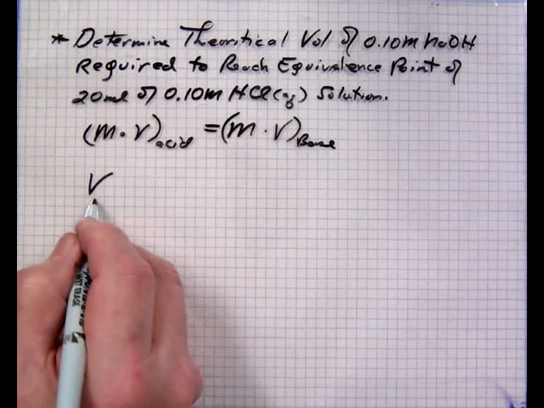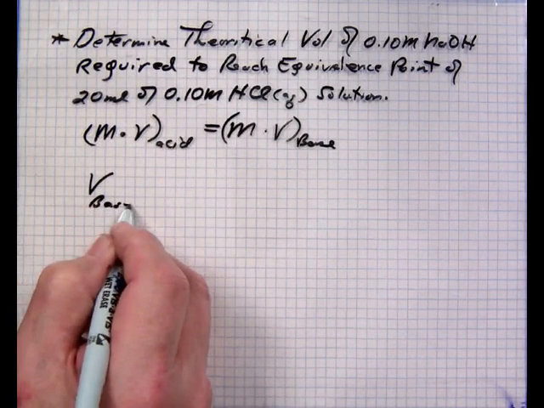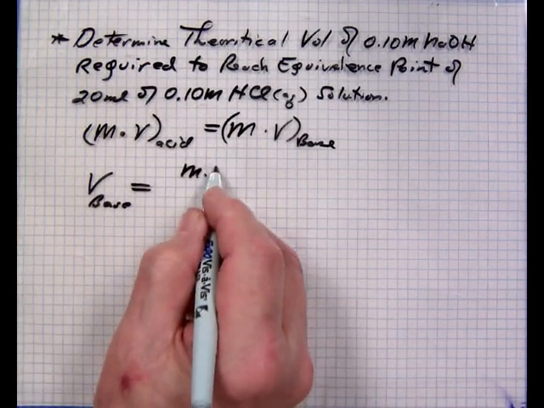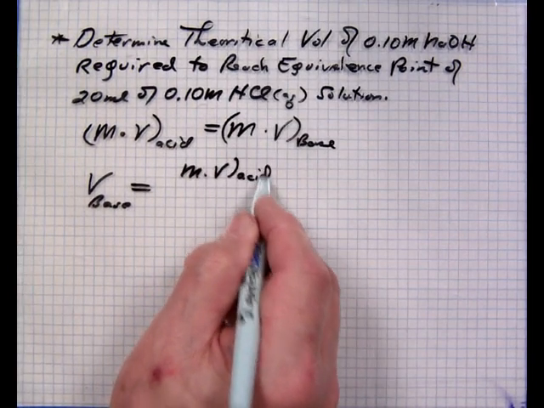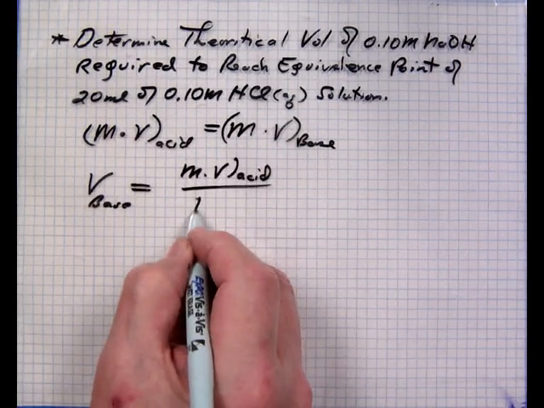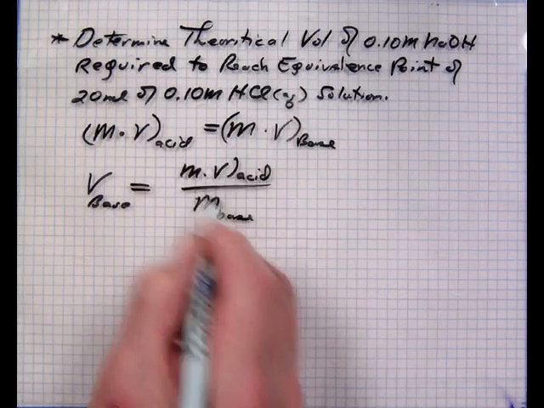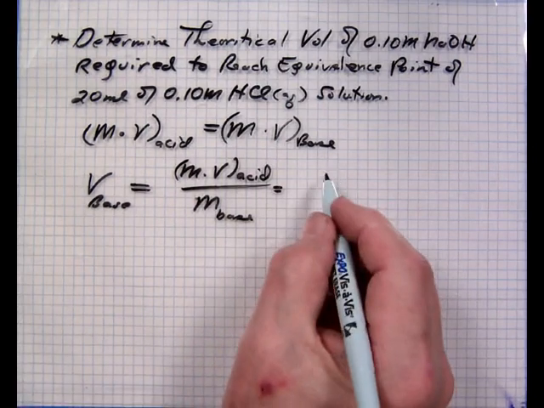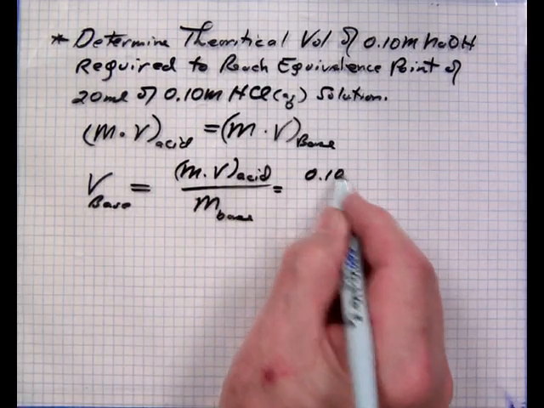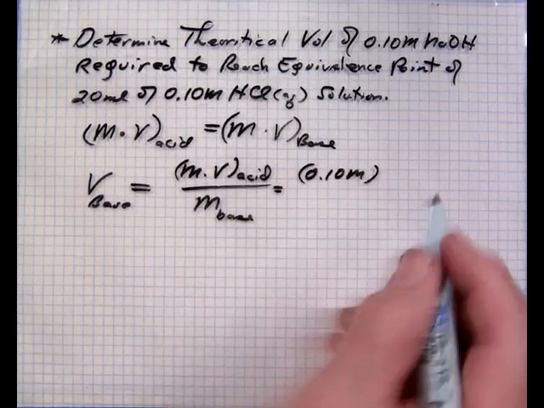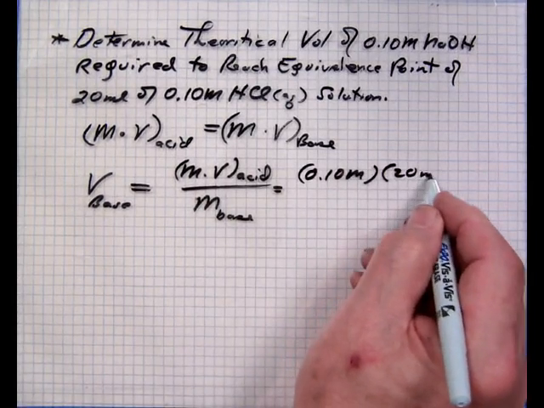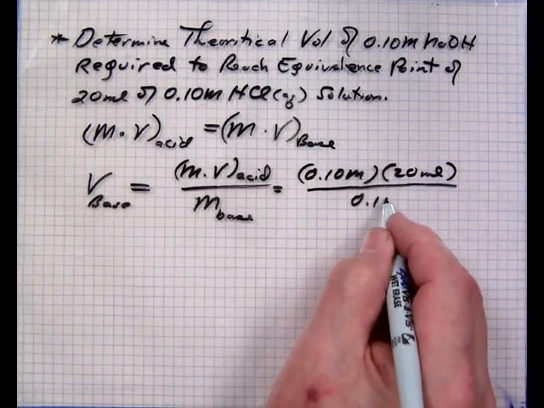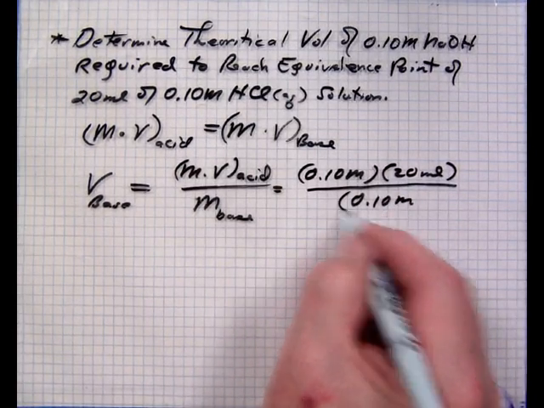And so we solve for volume of the base. Theoretically required is molarity times volume of the acid divided by the molarity of the base. And so very quickly we can get 0.10 molar times the volume. We're using 20 milliliters divided by the molarity of the base, also 0.10 molar.